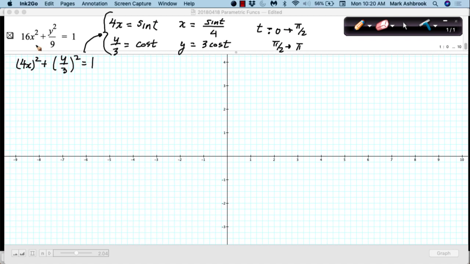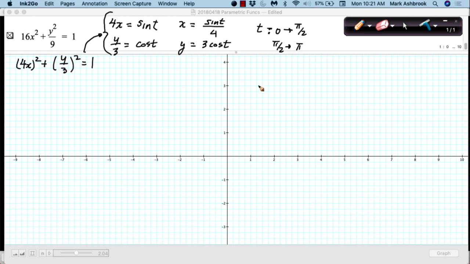Okay, so what ellipse is this? Let's predict what ellipse this is. What's our x radius here? Like 1/4, right? And then the y radius is 3.